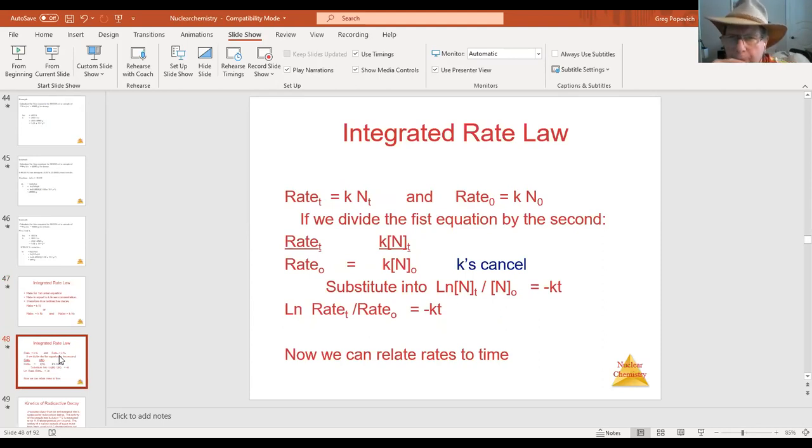I can also, because of this factor, divide my rate at time t by my rate at time 0. My k's cancel, and then I substitute this into my original equation, and I get the ln of rate t over rate 0 is now equal to negative kt. Now, if necessary, I can relate rates to time.